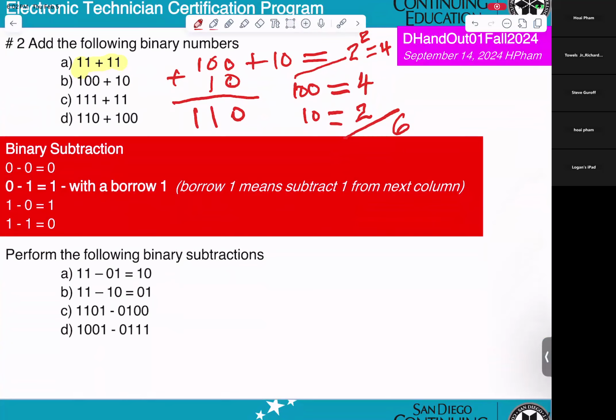Binary subtraction. Okay. Zero minus zero, you get zero. Zero minus one, equal one with borrow one.